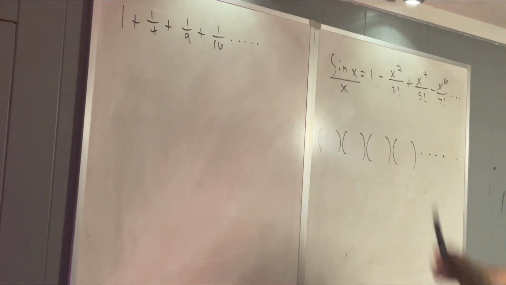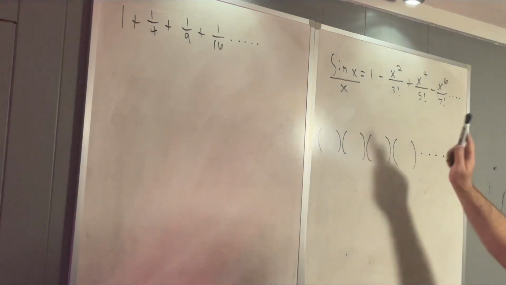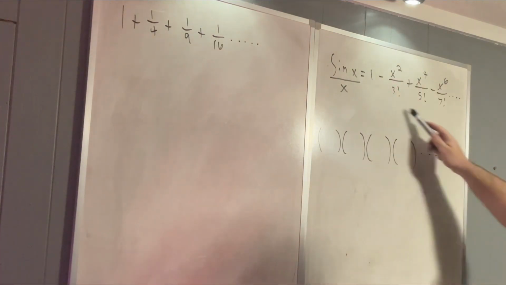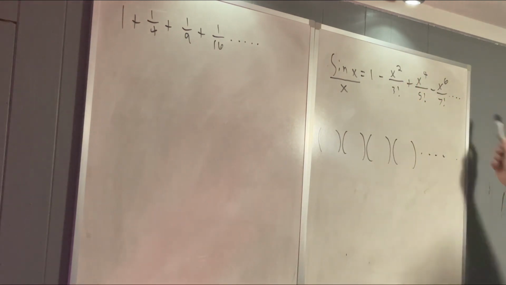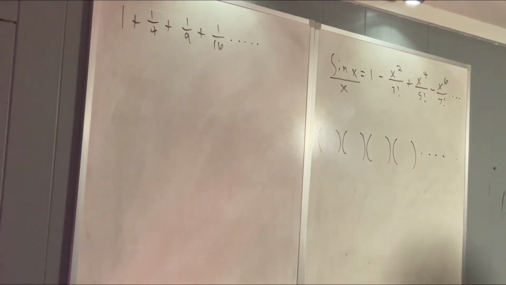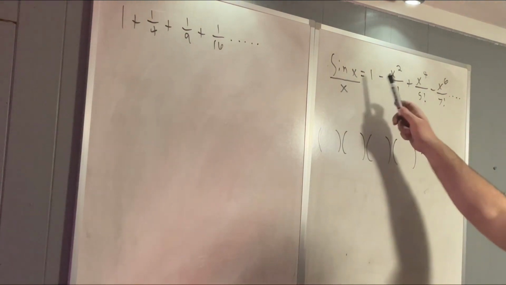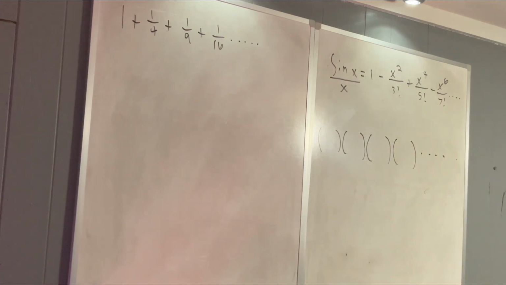How are we going to recover a 1? Remember, whatever this times this times this times this is equal to, it has to equal this. And this contains a constant value of 1. Whatever other x squared and x cubed and x to the 4th terms you have, you're going to pull out a constant of 1.